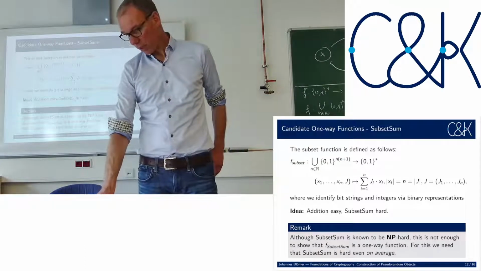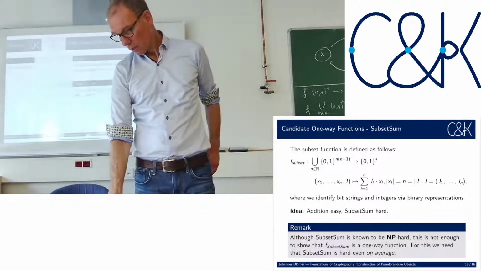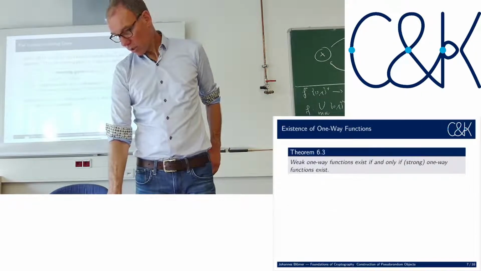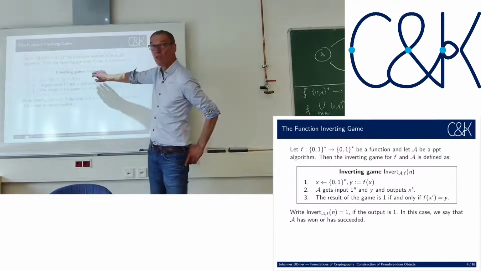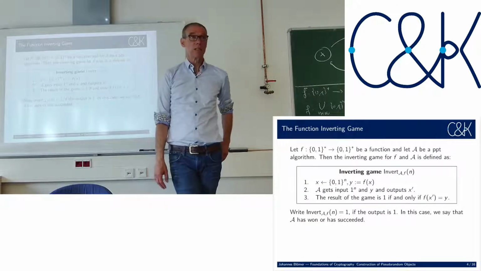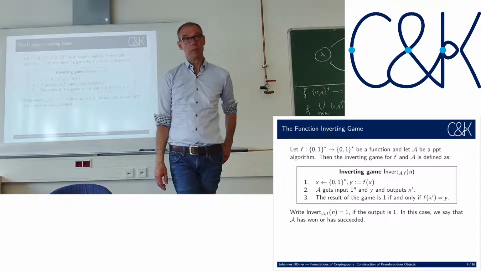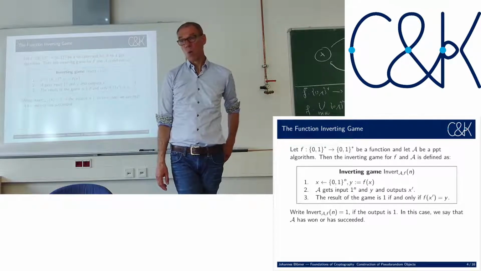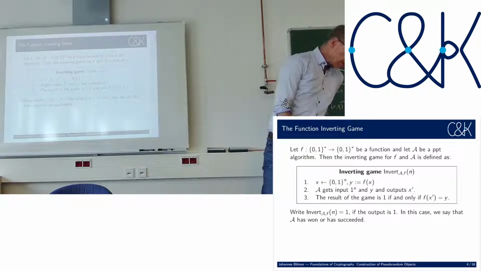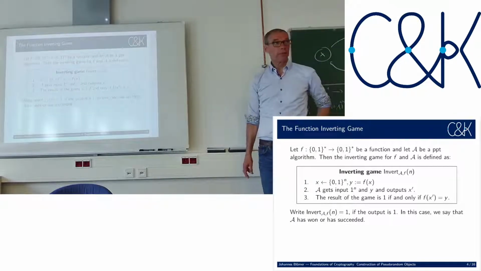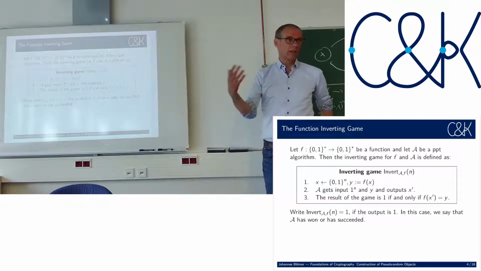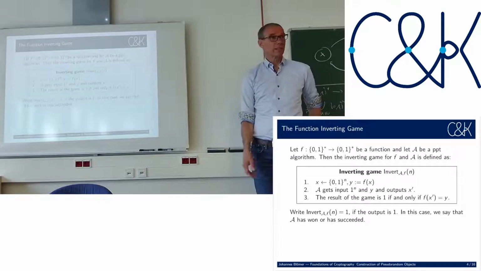And our inverting game here talks about random instances. And NP hardness doesn't talk about random instances. It talks about worst case instances. And it's unfortunately also unknown whether hardness on random instances implies hardness on worst case instances.